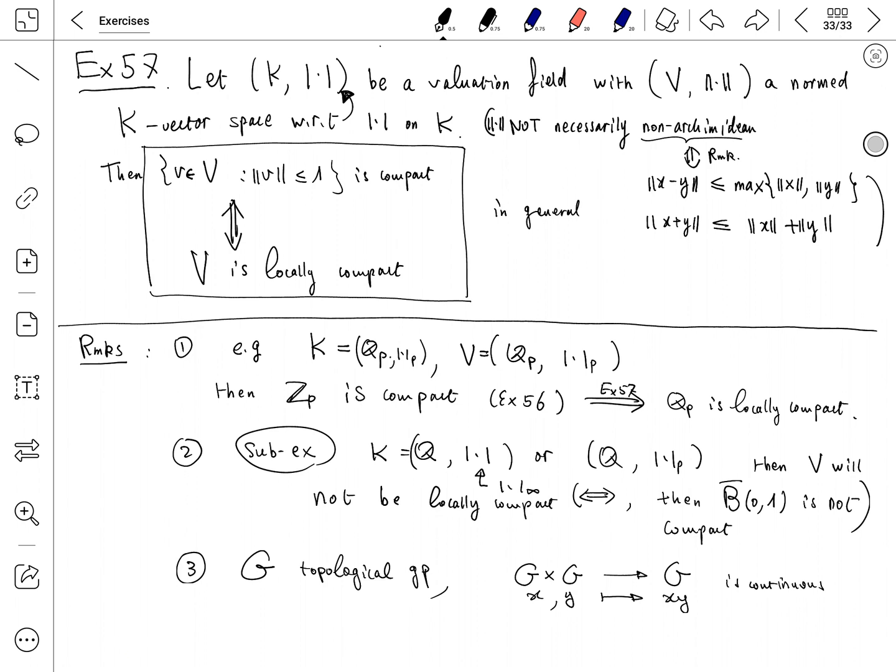The first is that multiplication by some element a in G gives you a homeomorphism, just because this is obviously bijective, since this is a group. We get the inverse map by multiplication by a inverse, and this is continuous by definition, and obviously it has a continuous inverse, which is multiplication by a inverse, again continuous by definition of topological group.